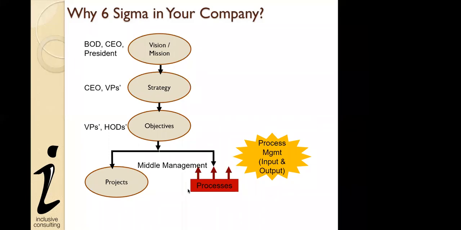So the point is to make sure that every department, whether it is IT, finance, HR, sales and marketing, engineering, maintenance, procurement, logistics, whatever department it is, looks at each of its processes, at each of its internal and external customers, and finds out the critical quality factor for both of those customers.